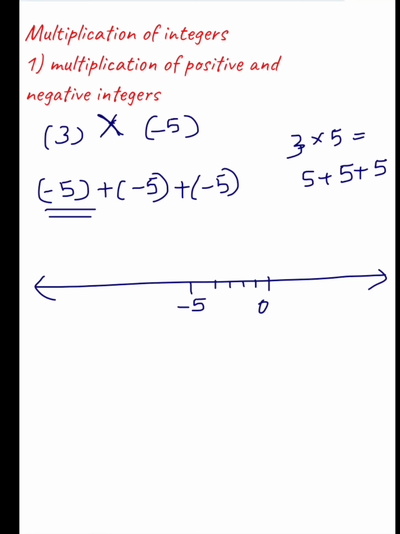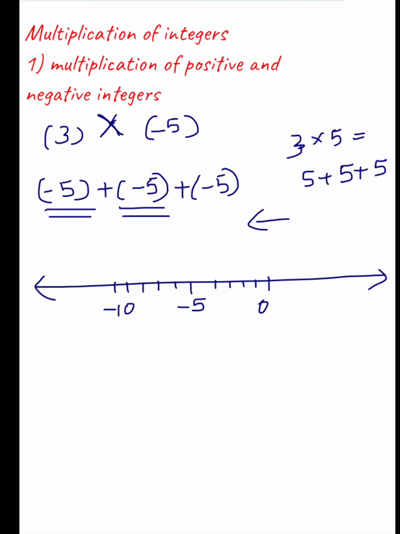Now we need to add minus 5 to this minus 5. Since it is minus 5, in the case of addition you know that you have to move to the left side. So left side 1, 2, 3, 4, 5. By 5 units when you move to the left side you will reach minus 10.